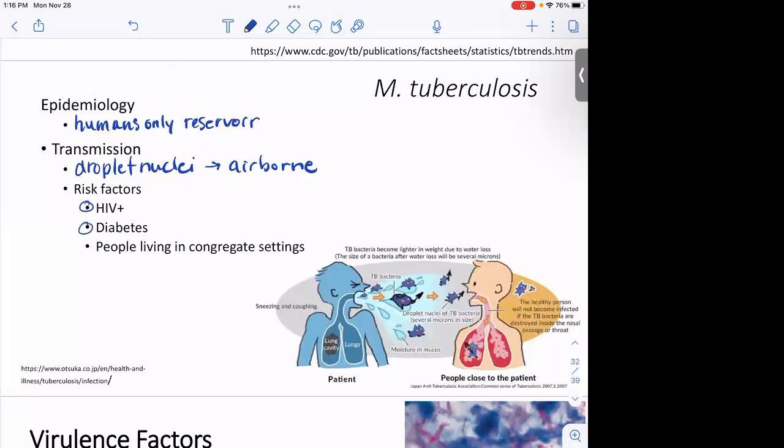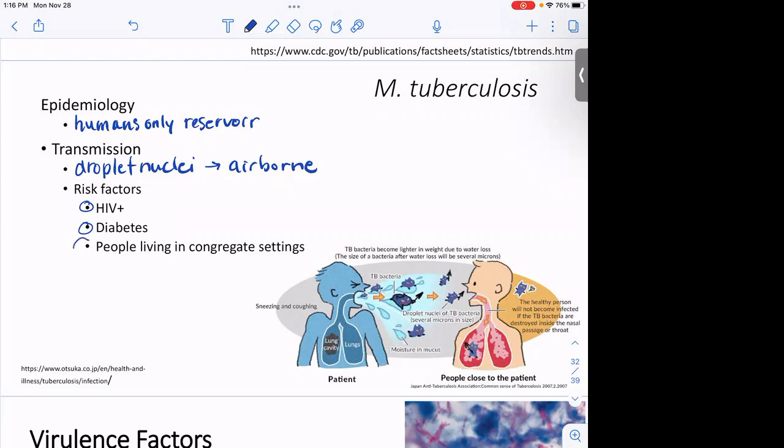Likewise with diabetes, I'm talking about somebody that has maybe uncontrolled diabetes that is not taking their medication to keep their blood sugar at the right level. If the level of sugars in the blood and the tissues is a little bit higher than it should be, then the pathogen just has more access to that sugar and is going to grow a lot faster. In addition, people with diabetes have decreased blood flow to their extremities, so they don't have as many white blood cells getting where they need to be to fight off the infection.